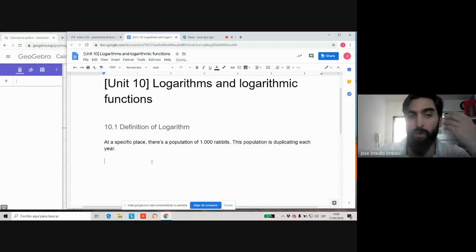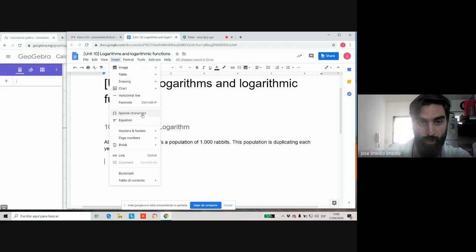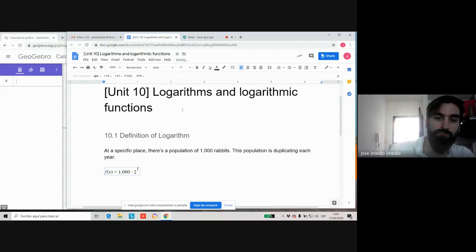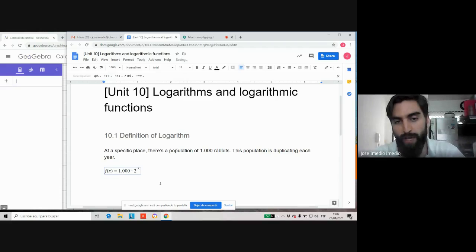So in this situation, as you might guess, if we want to write an exponential function to model this, we would say it is 1000 times 2 raised to the power of x.